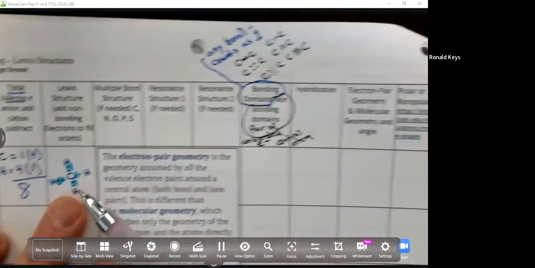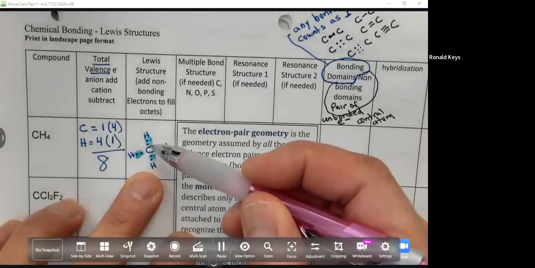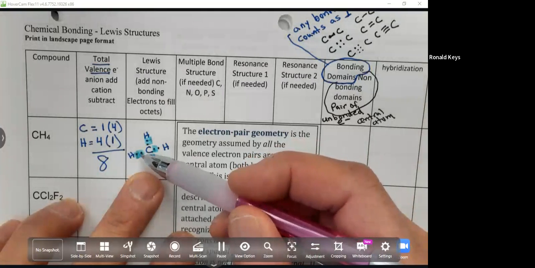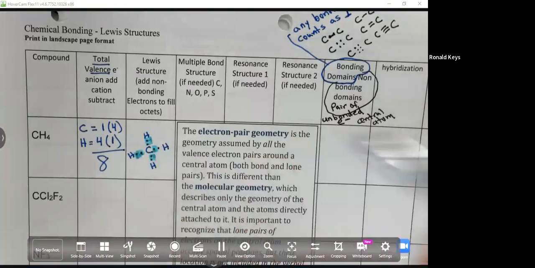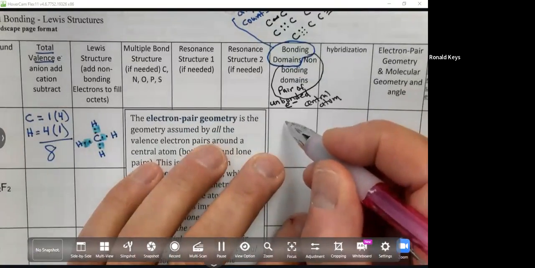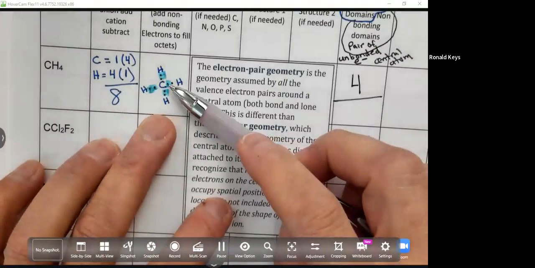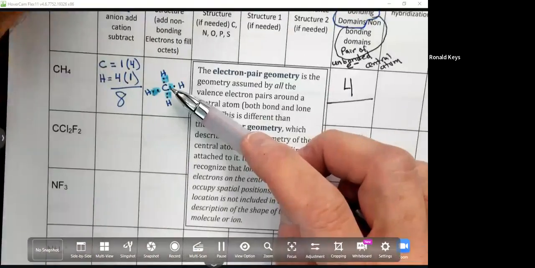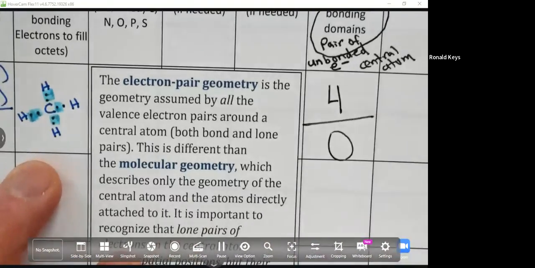So, how many bonding domains do I have here? I've got a single bond, single bond, single bond, single bond, right? This is 4 bonding domains. How many unbonded pairs of electrons are around carbon in the middle? How many unbonded pairs? 0.